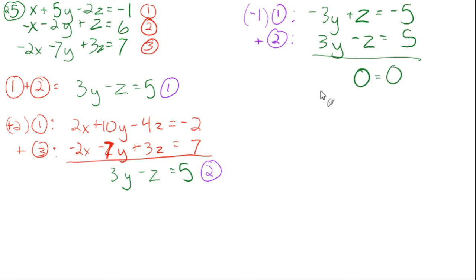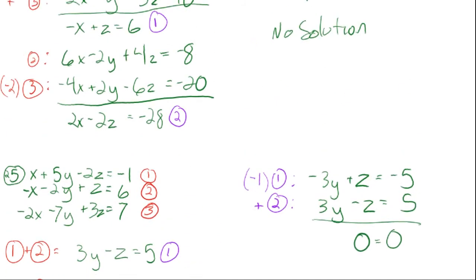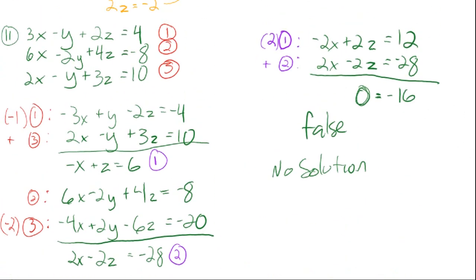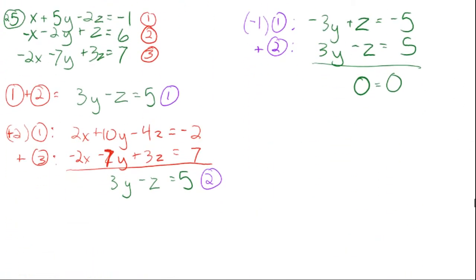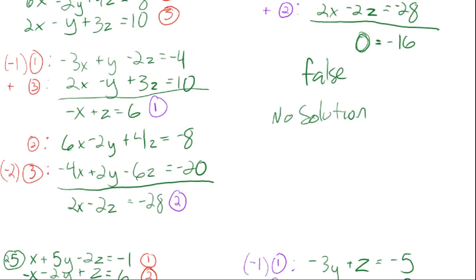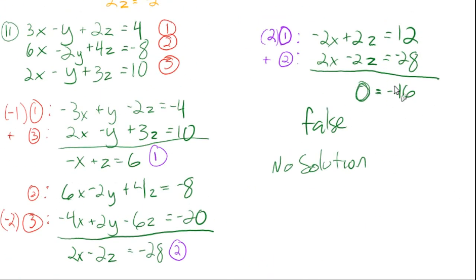This is just like the one we just did here. We wound up with 0 equals negative 16, except instead of being false, this is true. So where in this one we could do nothing about the falseness of this equation, like the x and the z disappeared, and there was nothing we could do to make this true.